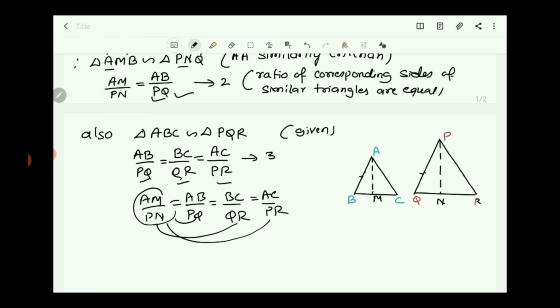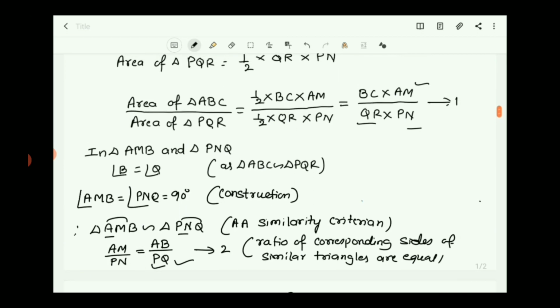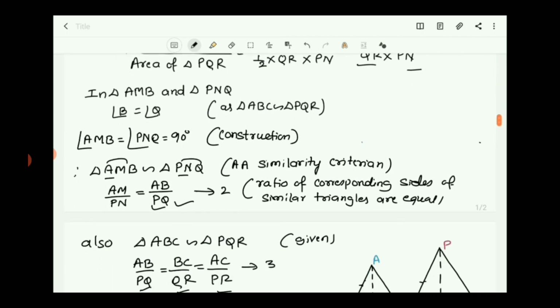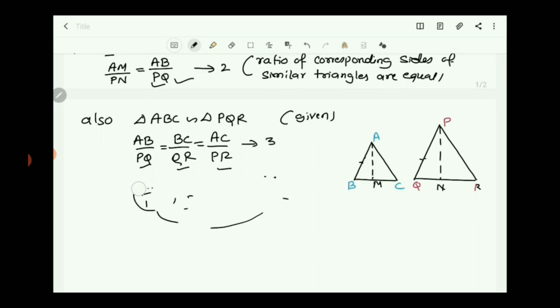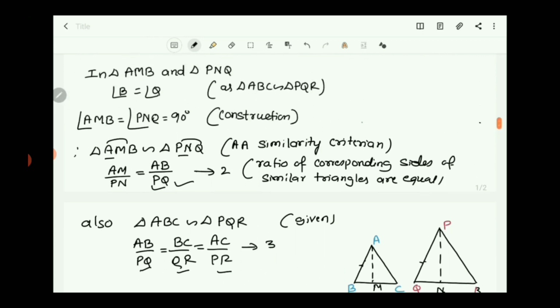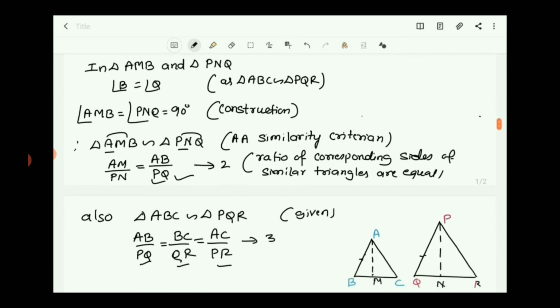So you can write BC by QR into AM by PN in terms of AB by PQ, as AB by PQ into AB by PQ.